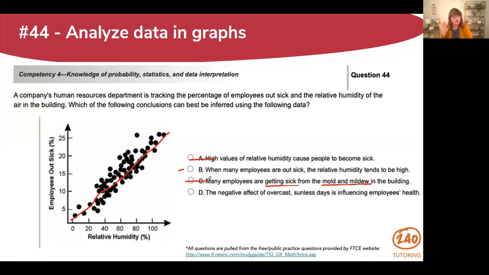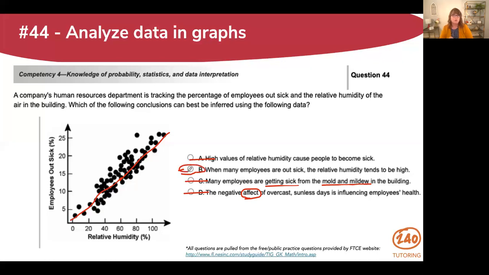Humidity might go up as it's overcast and sunless, or go down. It could go either way depending on where you are. But again, it says effect. We cannot establish a cause and effect relationship based on correlational data. The only answer this could be is B.